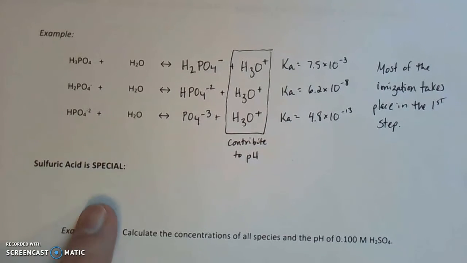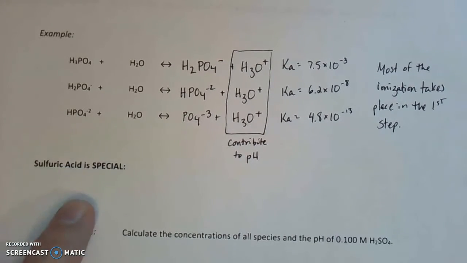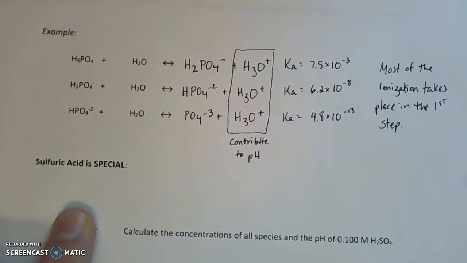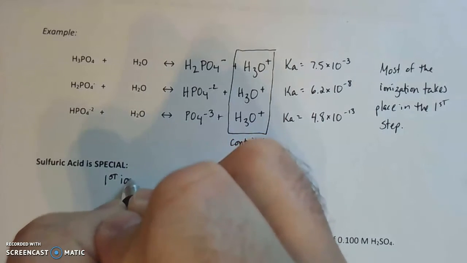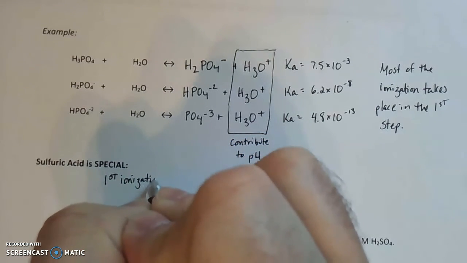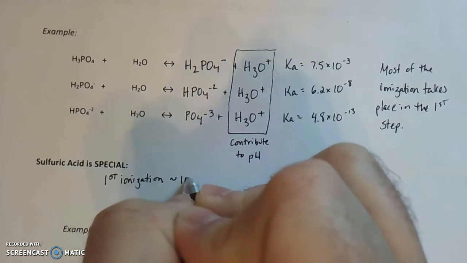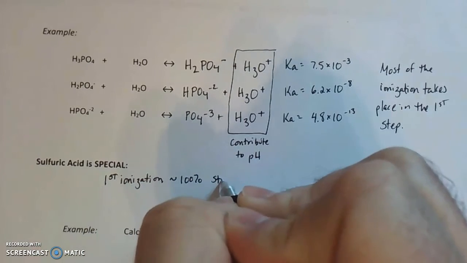Now, of all of the diprotic and polyprotic acids, sulfuric acid is the exception. It is special. We have to treat it differently than any other polyprotic acid. And the reason why is the first ionization is about 100%.